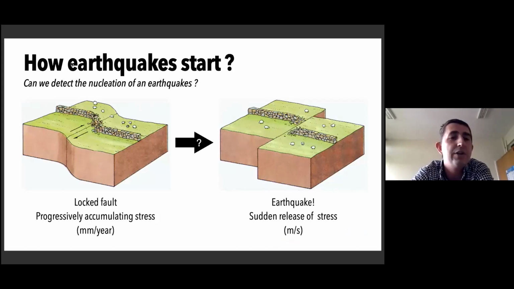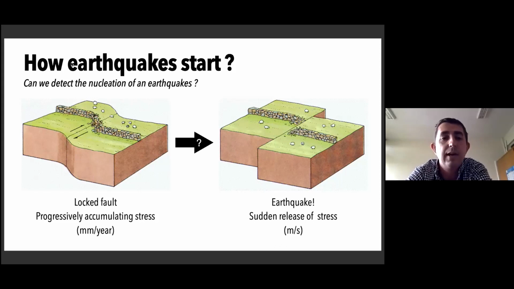The main question that underlies this work is to basically understand how earthquakes start. The more specific question behind it is whether we can detect the nucleation phase of an earthquake. What we know very generally is that during what we call the interseismic phase, you have a fault that is progressively accumulating stress at rather low velocity, on the order of some millimeters per year.